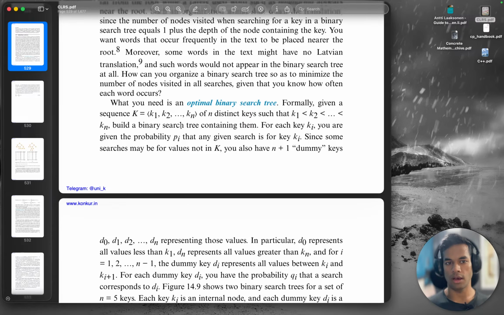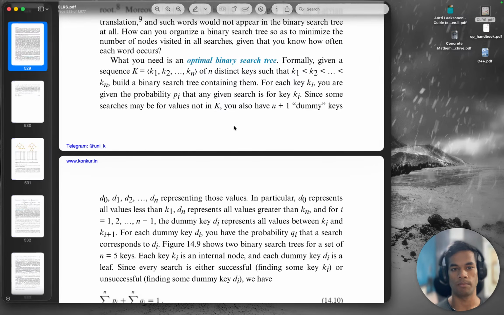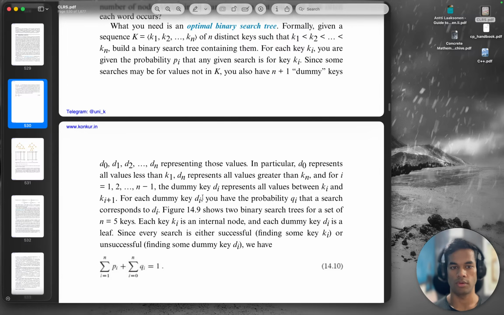For each key ki, you are given the probability pi that a given search is for key ki. Since some searches may be for values not in K, you are also given n+1 dummy keys representing those values.